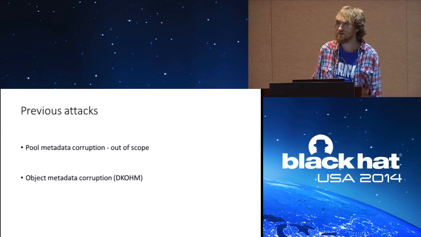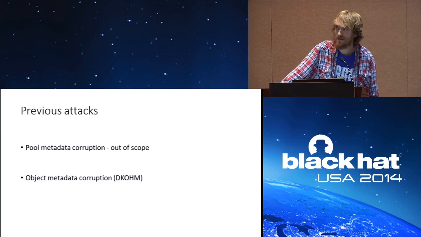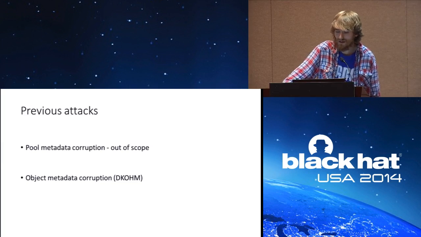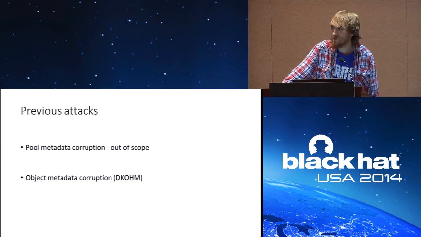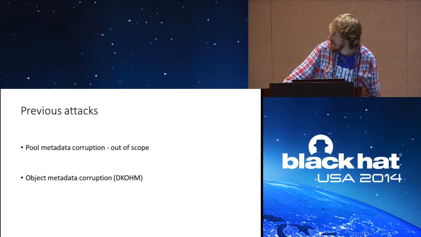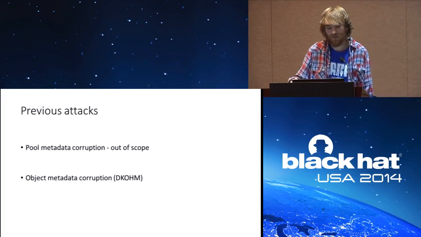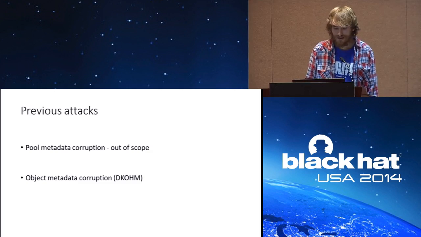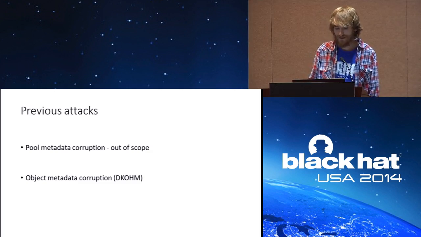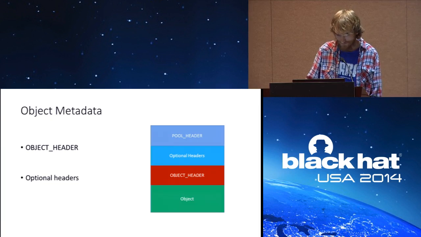But the thing is, on Windows 7, he discovered a lot of techniques. On Windows 8, Microsoft eliminated almost every technique, and on Windows 8.1, it's even harder to exploit pool overflows using pool metadata corruption techniques. So let's take a brief look at object metadata corruption.